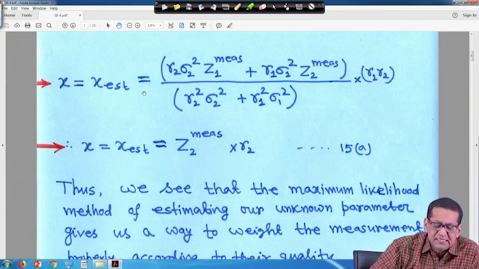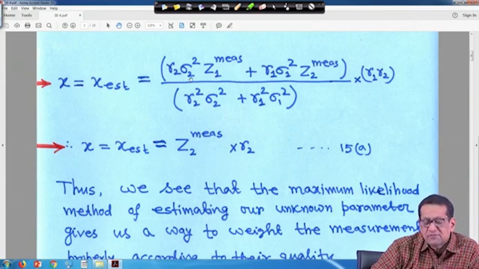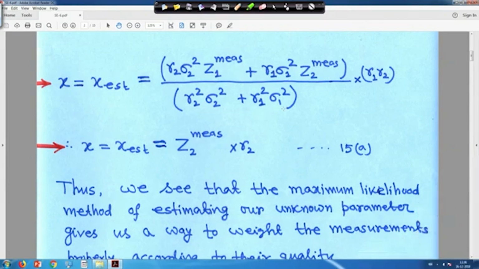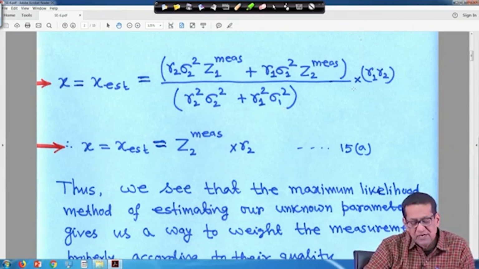You can write x equals x estimated equals (r2 sigma2 square z1 measure plus r1 sigma1 square z2 measure) divided by (r2 square sigma2 square plus r1 square sigma1 square) into r1 r2, right.